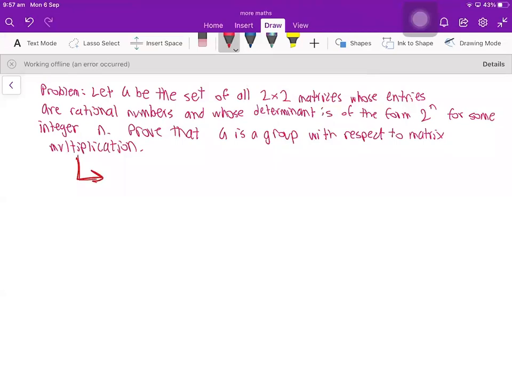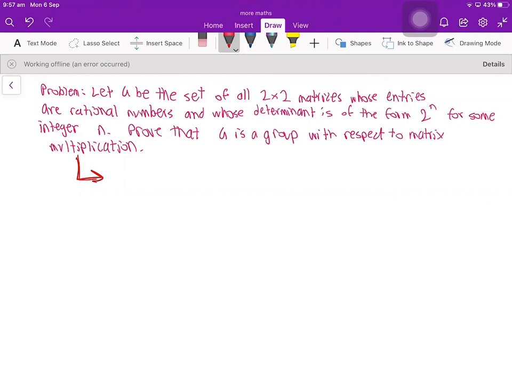All right. So the first thing we want to prove is that this set is closed with respect to matrix multiplication. So we'll first prove that if you multiply 2 of the matrices, the result is still in the set.